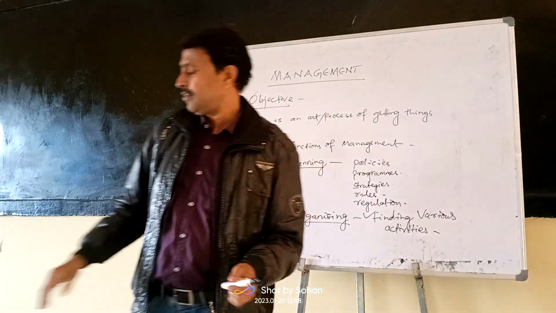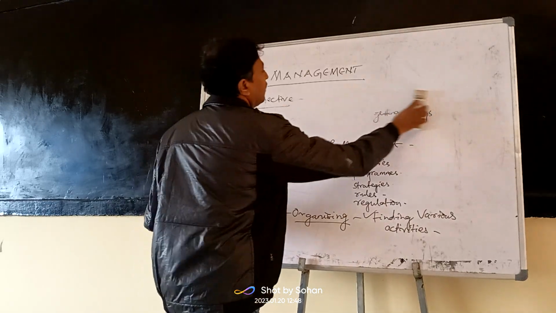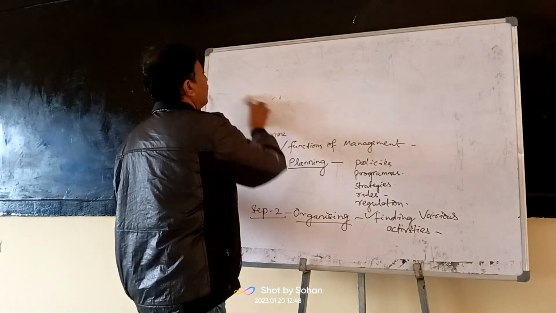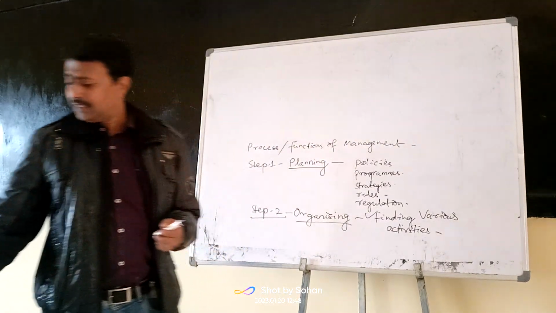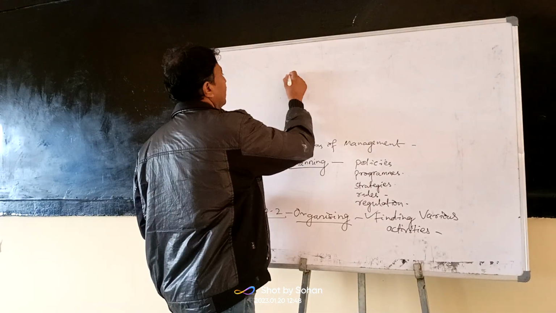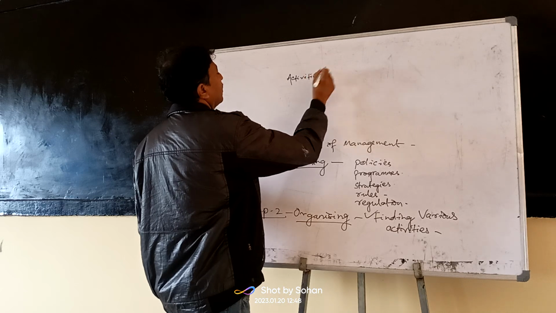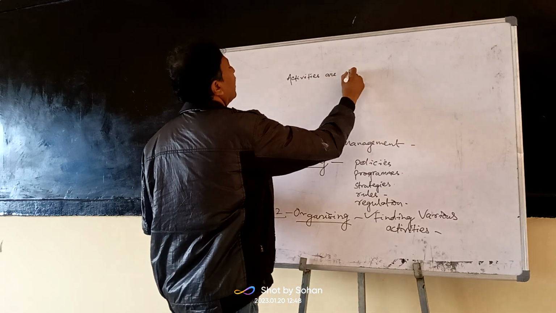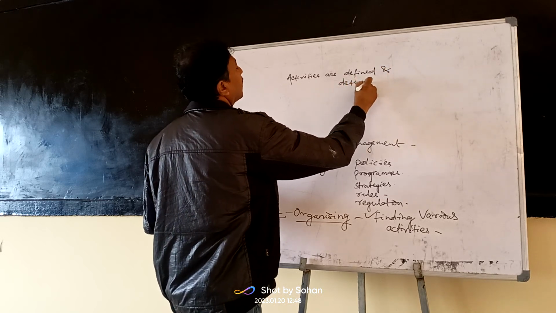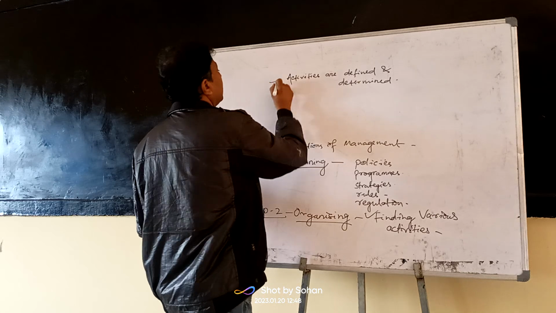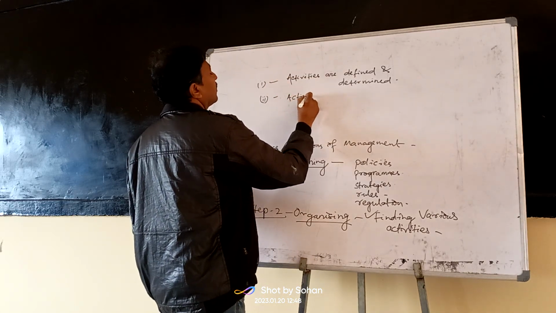So departments are created. Then the sections, subsections, etc. are normally determined or established according to the various activities. So activities are tasks. In the organizing process, activities are defined and determined. Next, activities are analyzed.